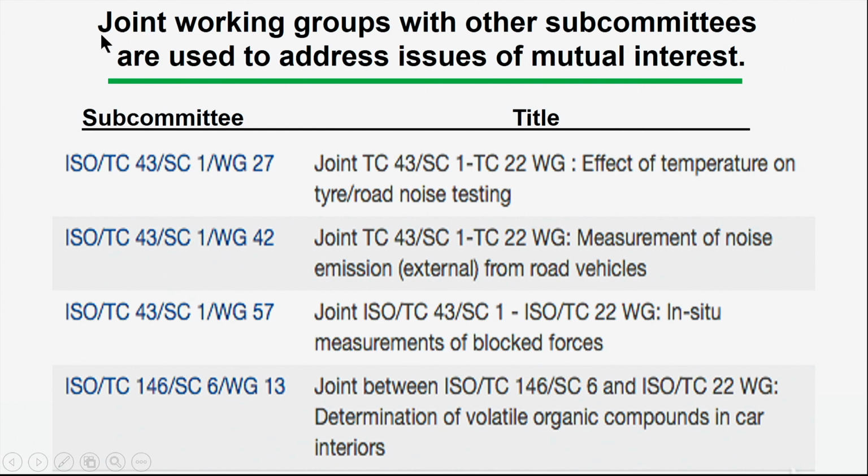In addition to the subcommittees I just mentioned, there's coordination with all kinds of other committees, and so here's some technical committees and subcommittees and working groups that they interact with. So for example, tire noise testing, well, that's appropriate for the people in motor vehicles to know about, but also the people who are interested in tires and the people who are interested in noise.